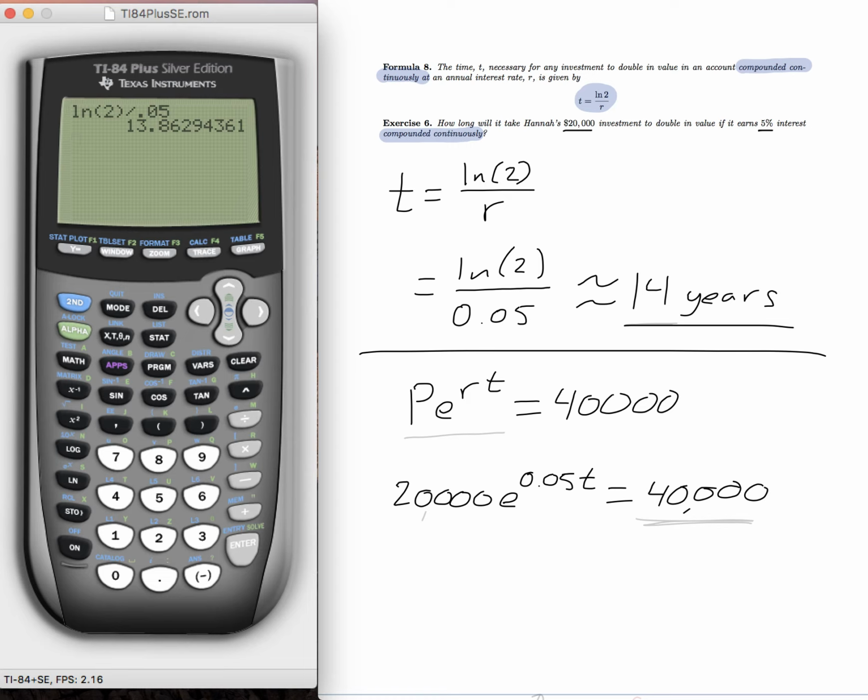And then solve that algebraically using similar techniques to the original derivation. That will hopefully result in the same number. This is a good way to check. Failing that, you could go back and plug 14 years into Pe^(rt) and see if you end up with the $40,000 that we're hoping for.